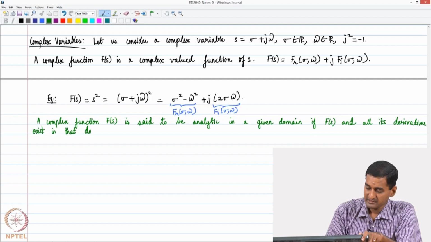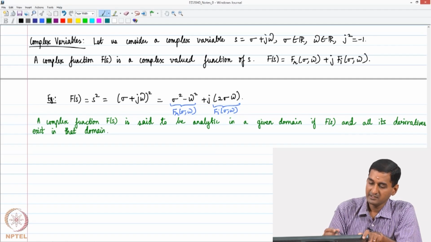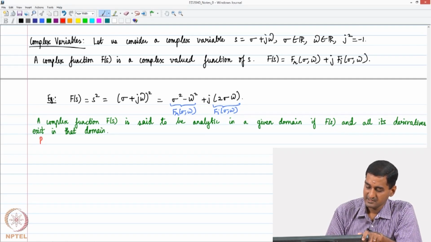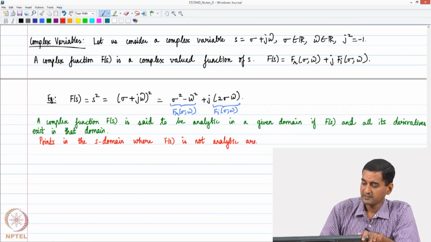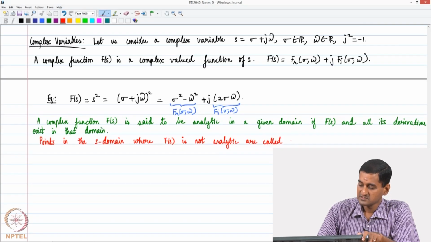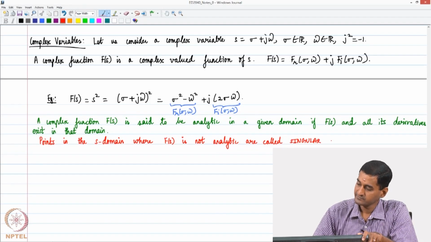That is very important. Another definition is that points in the s domain where f of s is not analytic are called singular points or poles.